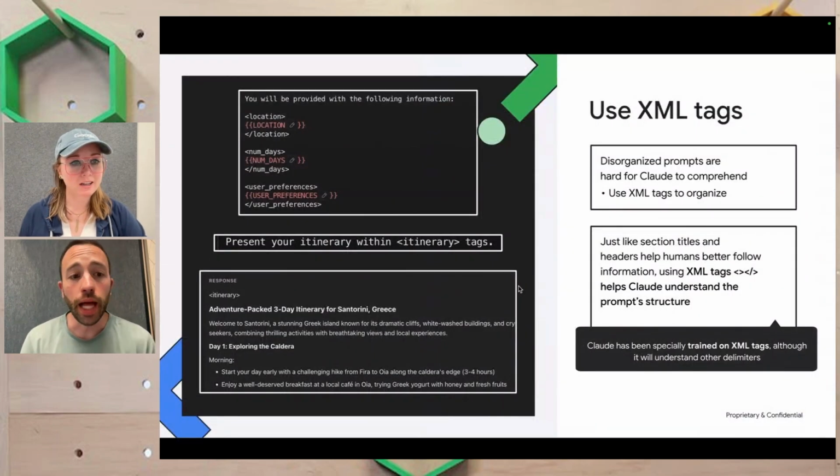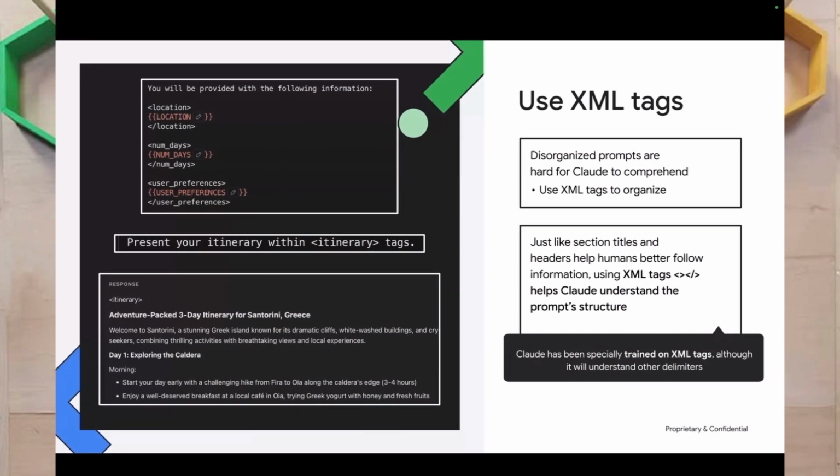Another piece that you're going to see a lot in Claude prompts are XML tags. For those of you not familiar with XML, you might be familiar with HTML. These are just tags that you use to build web pages, and XML tags follow a very similar structure. You just pick the name of the tags. So instead of h1, div, body, span, you get to make them up. The purpose of these XML tags is to help Claude comprehend the organization of your data.